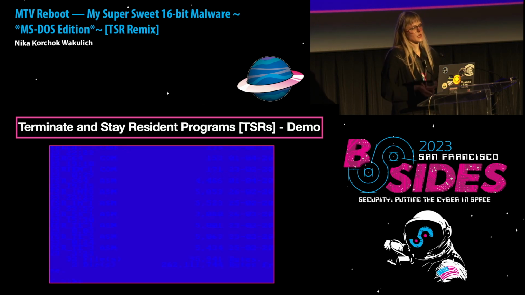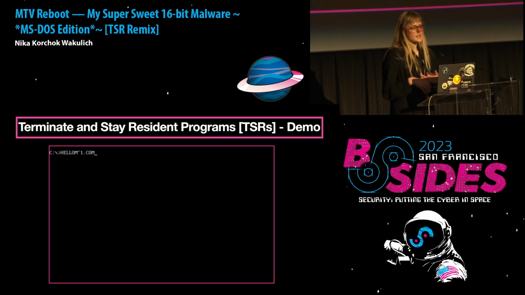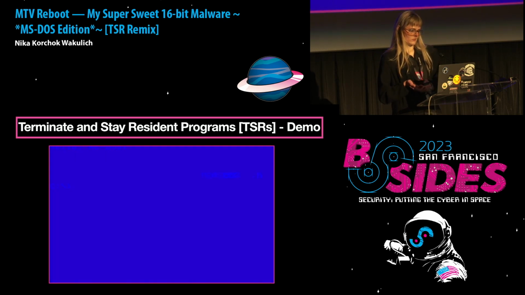This demo TSR doesn't do anything nefarious. It doesn't have file infection routines, not really anything too fun other than the fun color scheme. But it's a nice template for understanding how to modify control flow of critical system calls and how to use the TSR as a means of more persistent storage of a payload.